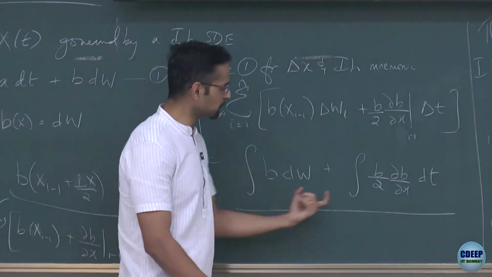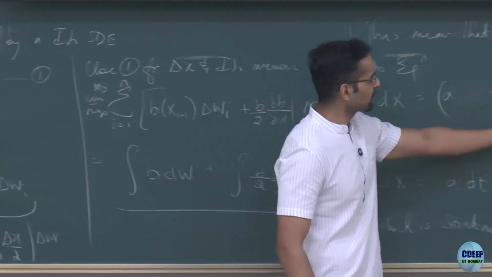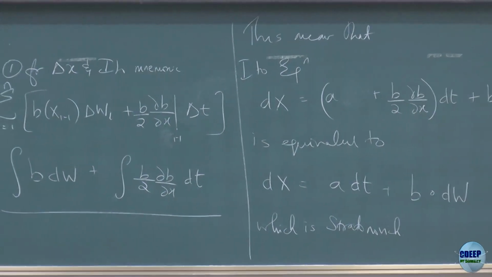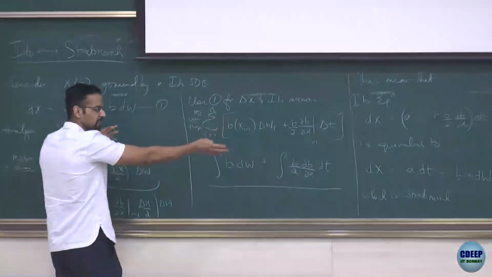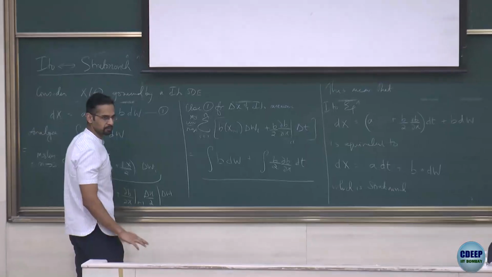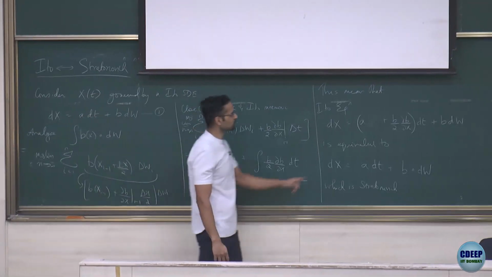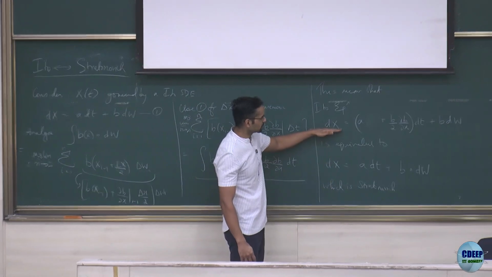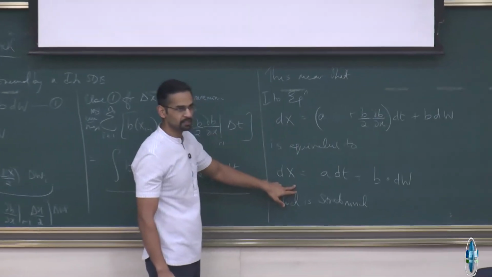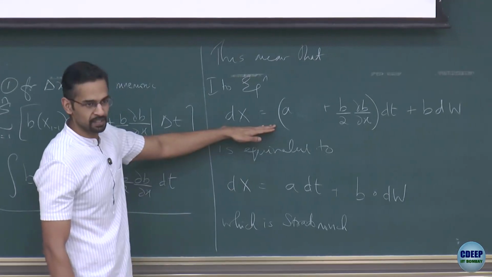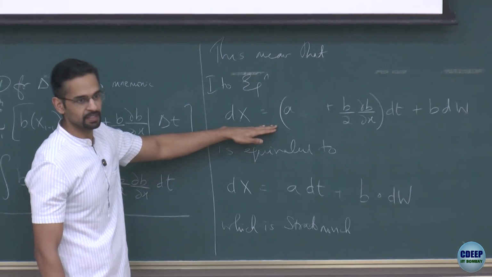Which means by anticipating that drift, if instead of A here I had some A prime plus that, it would give me the Stratonovich equivalent with A instead of A prime. This is the logic. So all you have to do is adjust the drift. So if I have this Ito, I will get the corresponding Stratonovich, or a Stratonovich of this form will be this Ito with the extra drift.